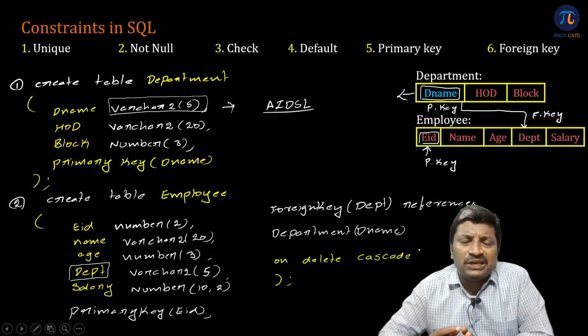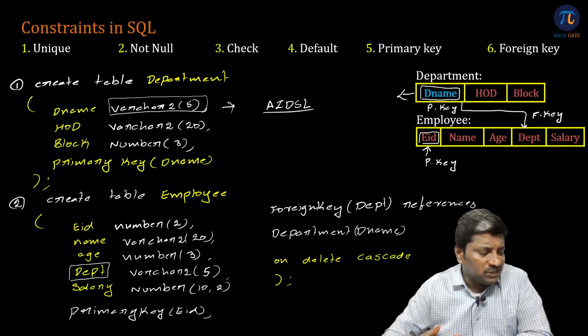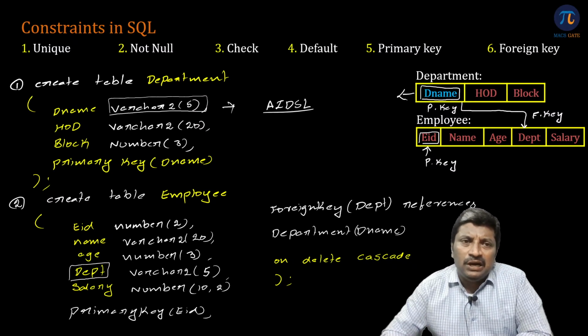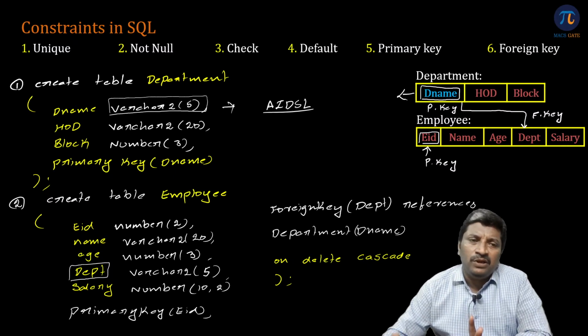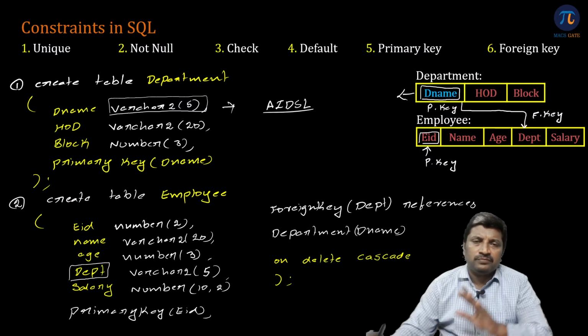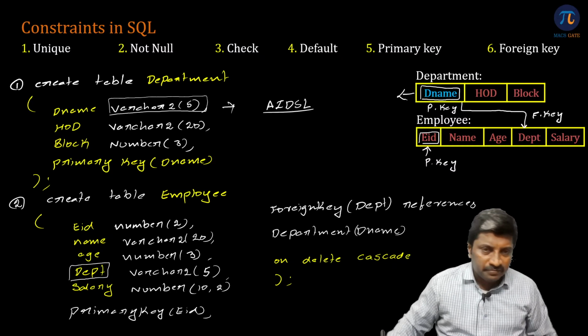So that is about the creation of a relation. When we are creating a relation, you can specify constraints like unique, not null, check, default, primary key, foreign key. Hope you understood it. If you have any doubts, please raise them in the chat box.